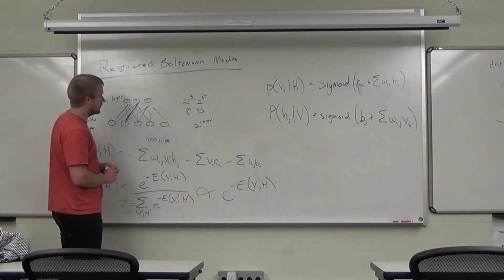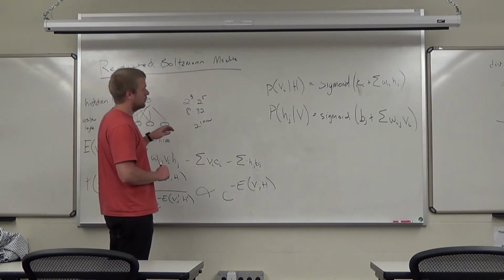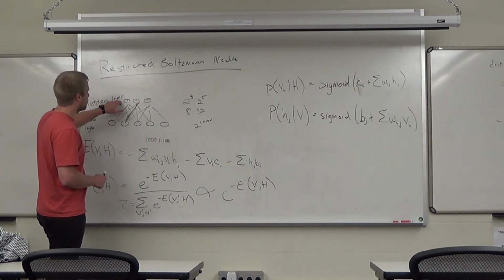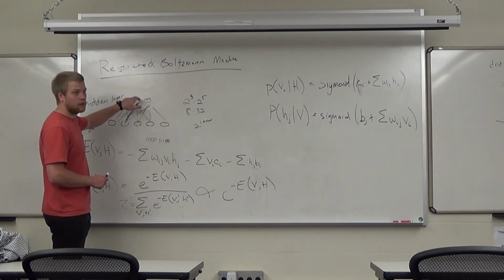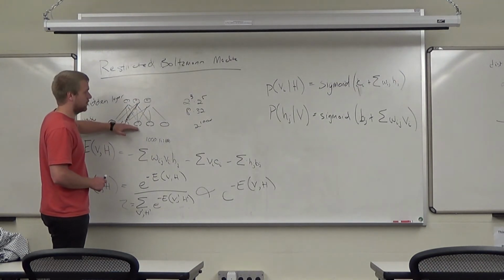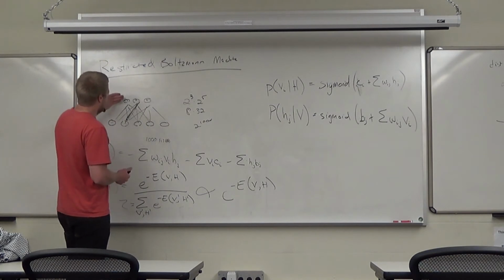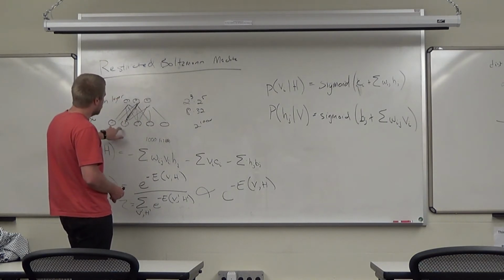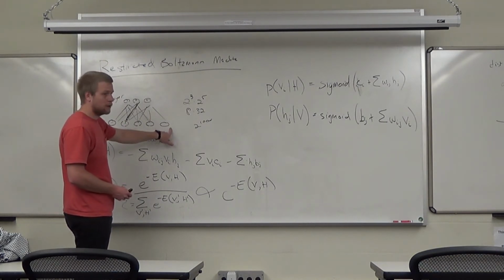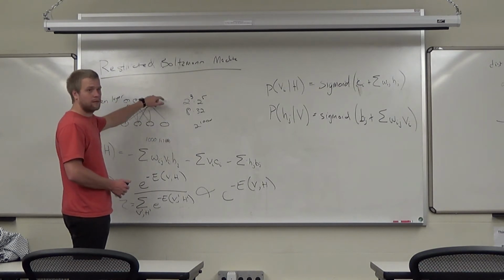So basically, this is a little different than the feed-forward networks, because we only ever compute the activation of the hidden layer given the visible layer. Now in this model, because it's an undirected graph, or an undirected model, we can compute the probability of the visible layer given the hidden layer.